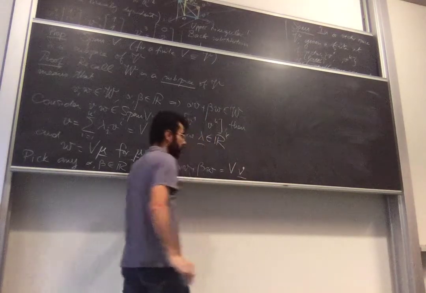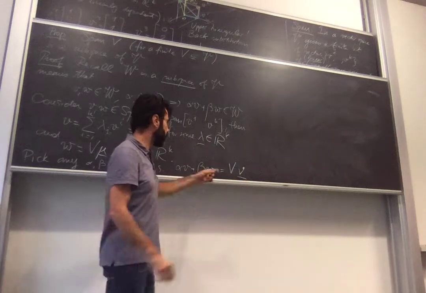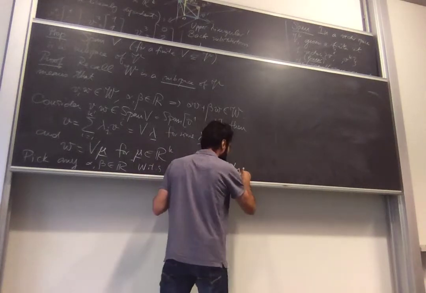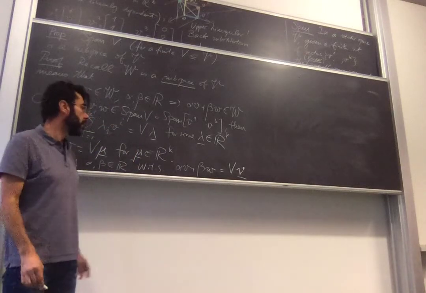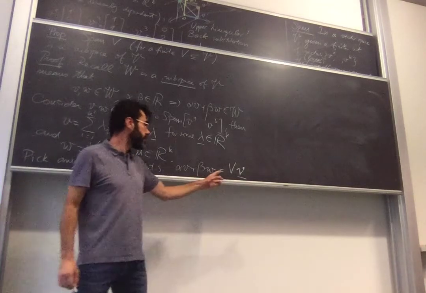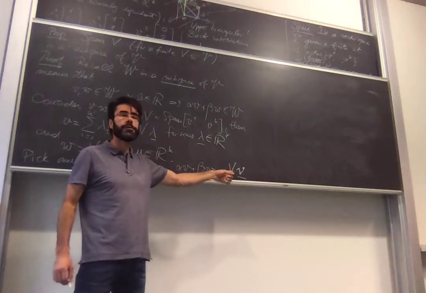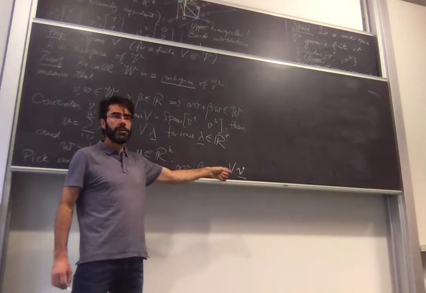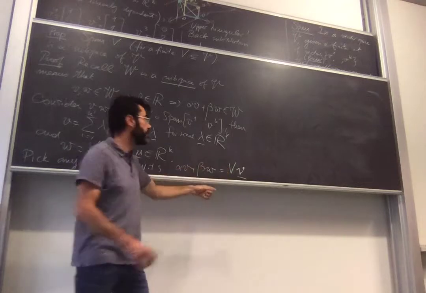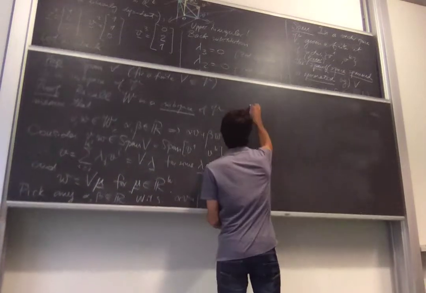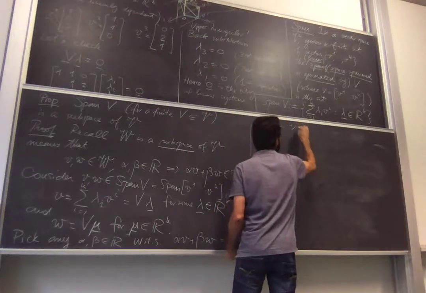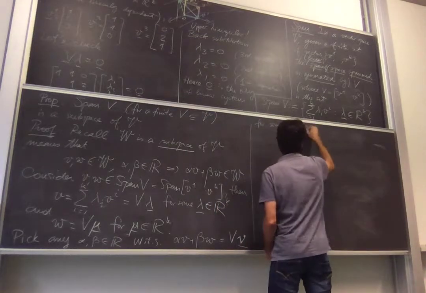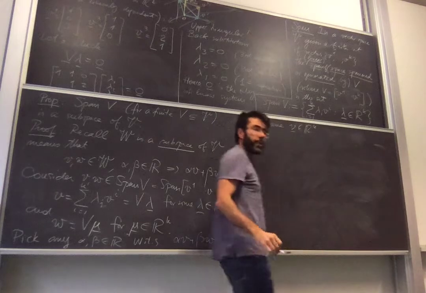This is the Greek letter nu, it's not a V, so it's differentiated by the shape. I want to show that this is equal to V nu for some choice of coefficients. That's what I want to show.